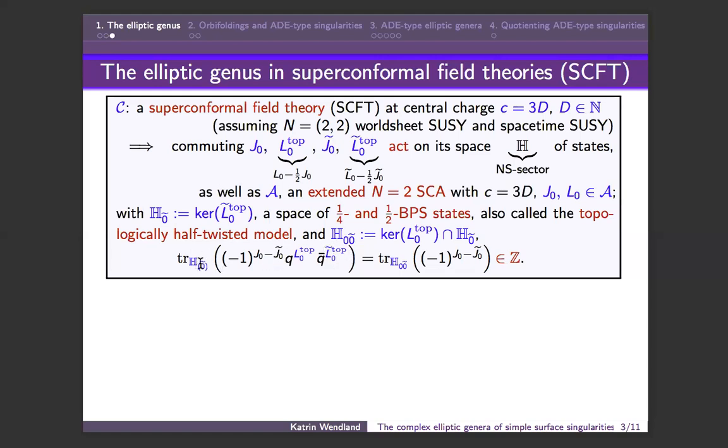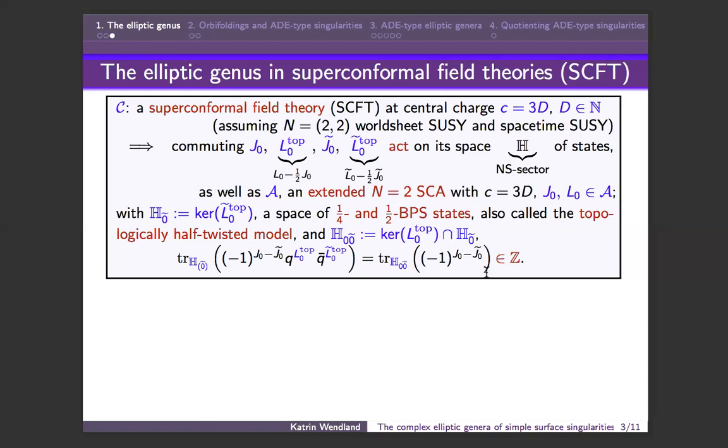So you might just as well take the trace over that topologically half-twisted model from the start. Of course, the same argument holds for the left-handed side. So also with this expression with just the 0 tilde here, you still have cancellations going on, and the only non-zero contributions at the end of the day come from the kernel of L0 top. And now you can remember, I told you this is a finite dimensional space. So what happens here is that you just sum up a finite number of pluses and minuses. So there you are with the integer.